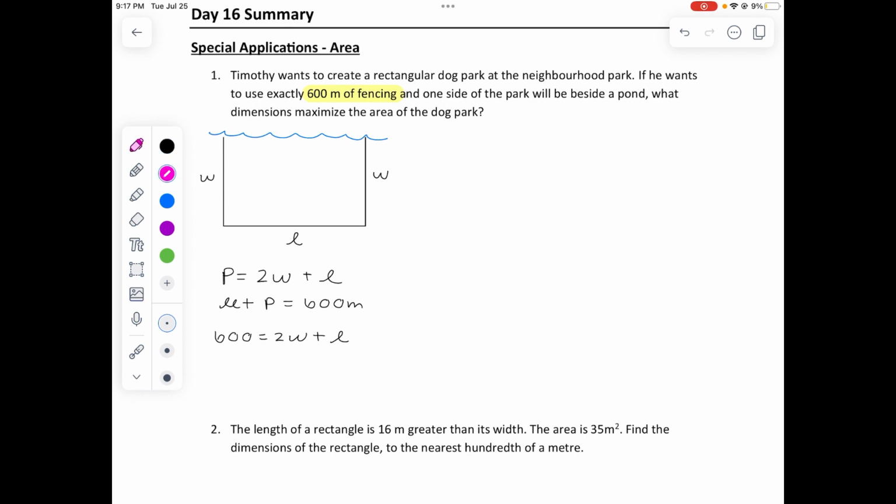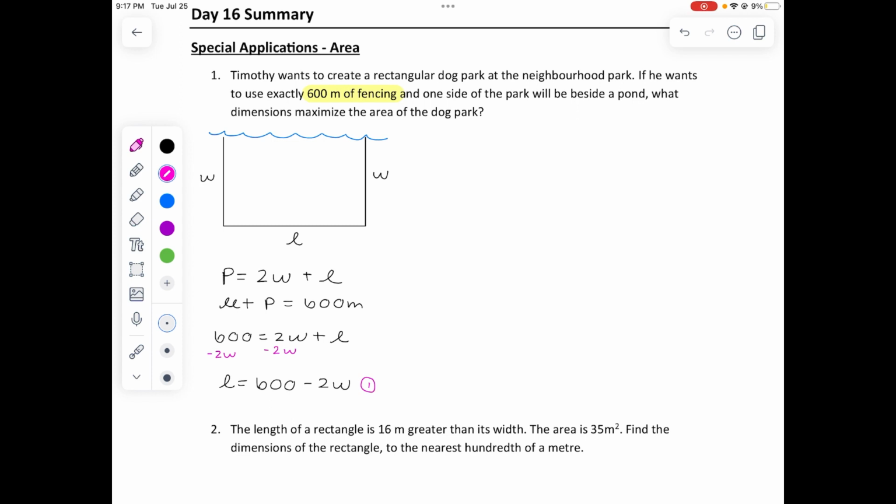So in this case, because I already have L with a coefficient of 1, I'm going to just bring the 2w over to the other side by subtracting, and then I'm just going to reorder this. So I can say then that L is equal to 600 minus 2w. Okay, and I'm just going to call that equation 1.